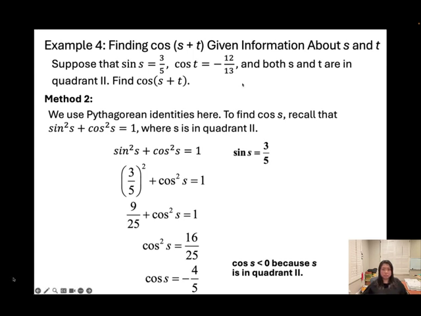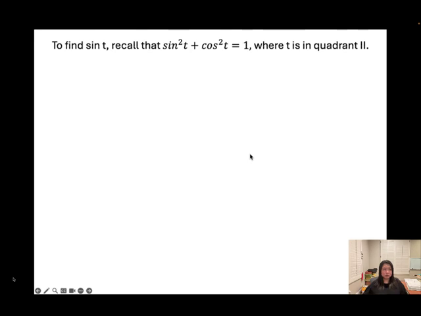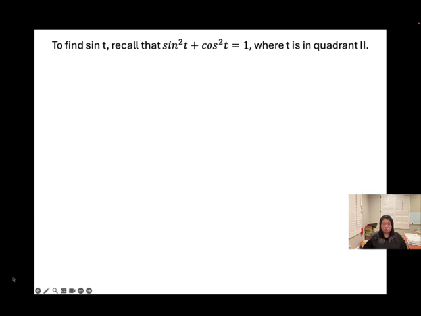Same idea for cosine T equal to negative 12 over 13. We could plug into the same identity. I want you to try. Use the same identity, plug it in, cosine T equal to negative 12 over 13. Figure out what sine T is equal to. Make sure you determine the sign, whether it's going to be positive or negative.